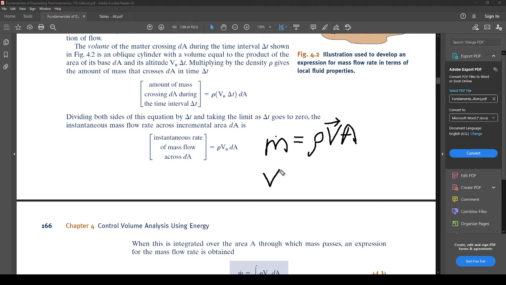And then down here, VA is also equal to V dot, which is a volumetric flow rate. And this is something that you will have to use, because a lot of the questions in this class will tell you a volumetric flow rate, and then you have to find the velocity, and it'll ask you what the area of the pipe is.